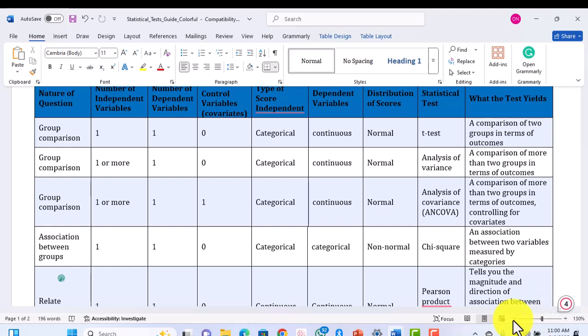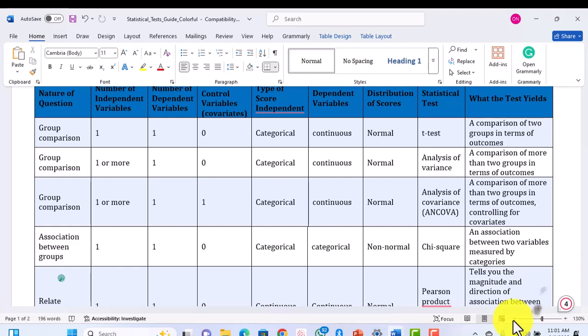For example, the categories is just one group. Maybe let's say in a class you want to consider gender, so that gender is 1, but the number of categories of gender is 2. So you want to check whether there is a difference in achievement. So your independent variable is gender that is operating at 2 levels.